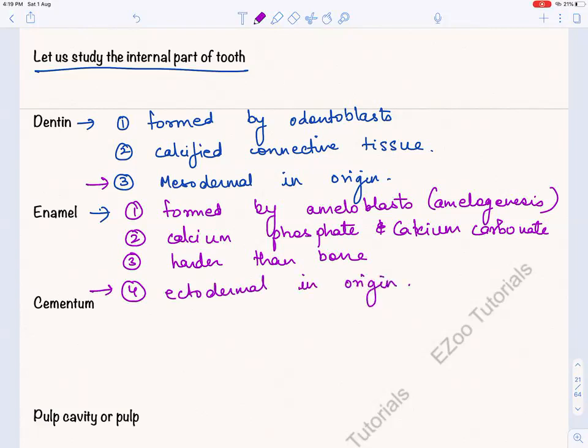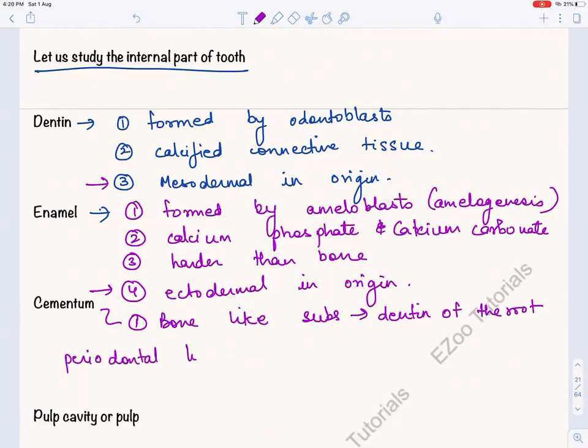Now what is cementum? Cementum is a bone-like substance. The dentine of the root is covered with cementum, and then the cementum attaches to the periodontal ligament.